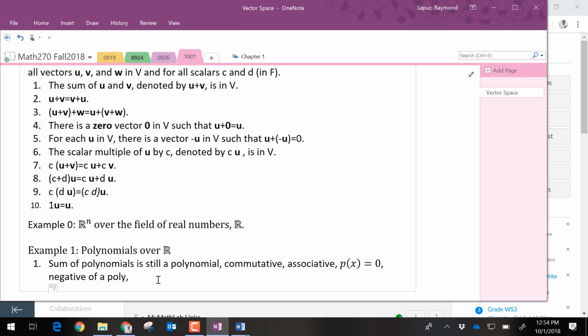We can multiply a polynomial by a real number and have it distribute. When we multiply a polynomial times a number, it's still going to be a polynomial. And then we can do a lot of distributions. And if we multiply a polynomial by 1, then it's still going to be equal to that same polynomial.